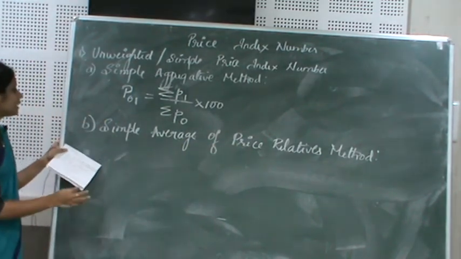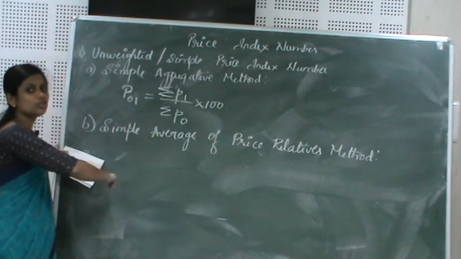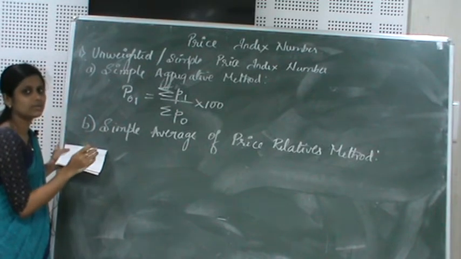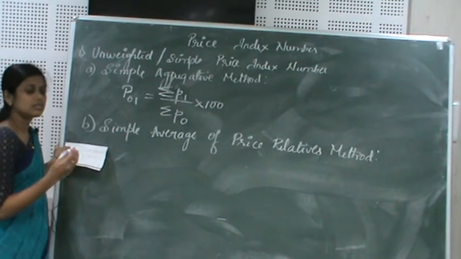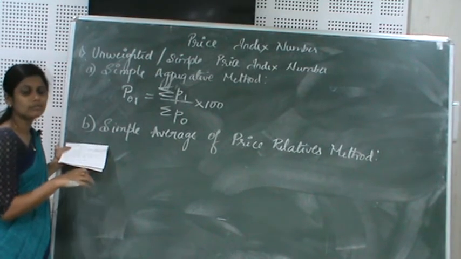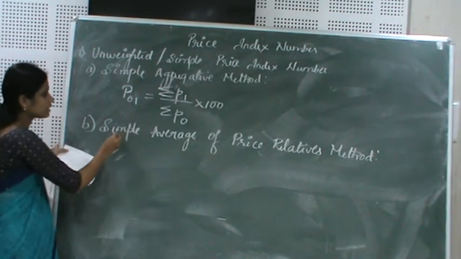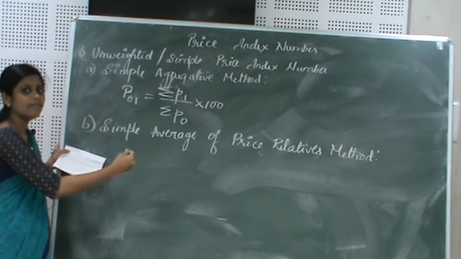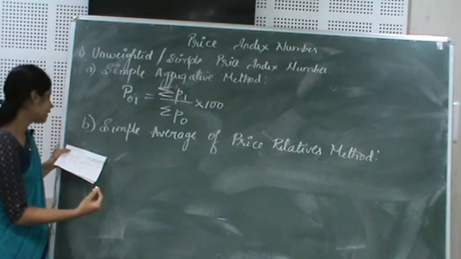I have told you that index number is a specialized type of average. That's why here we are going to use arithmetic mean or geometric mean. Arithmetic mean is simple to calculate, but the geometric mean gives a more accurate answer.